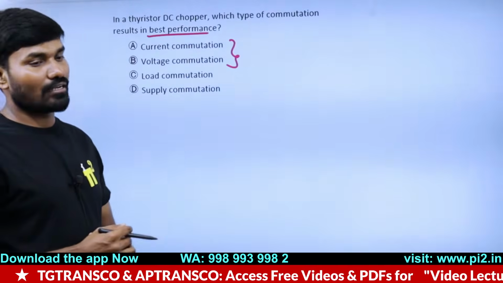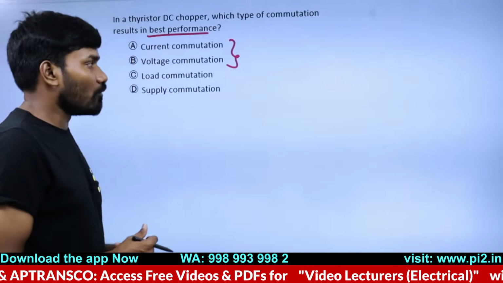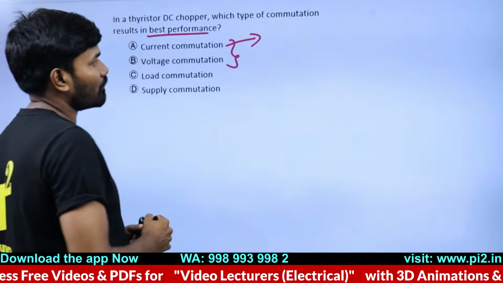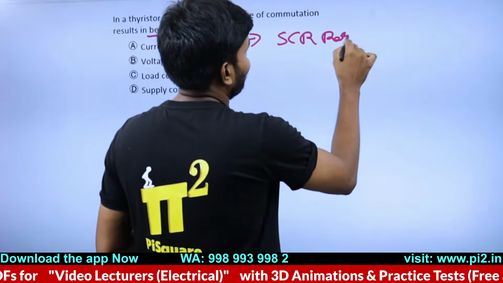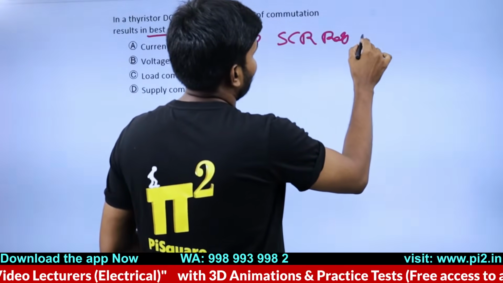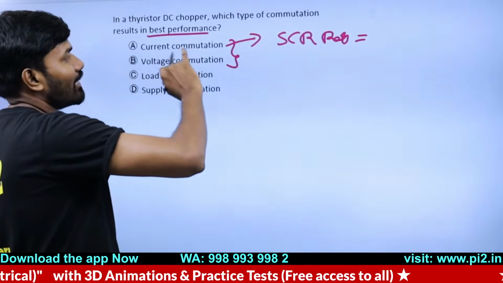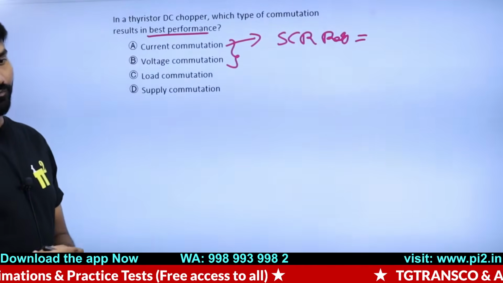Definitely for the current commutation circuit, there is some advantage. Can somebody tell me what is the current commutation technique advantage? The advantage is, in case of current commutation technique, the maximum current flowing through the SCR is the same as the maximum current flowing through the load.